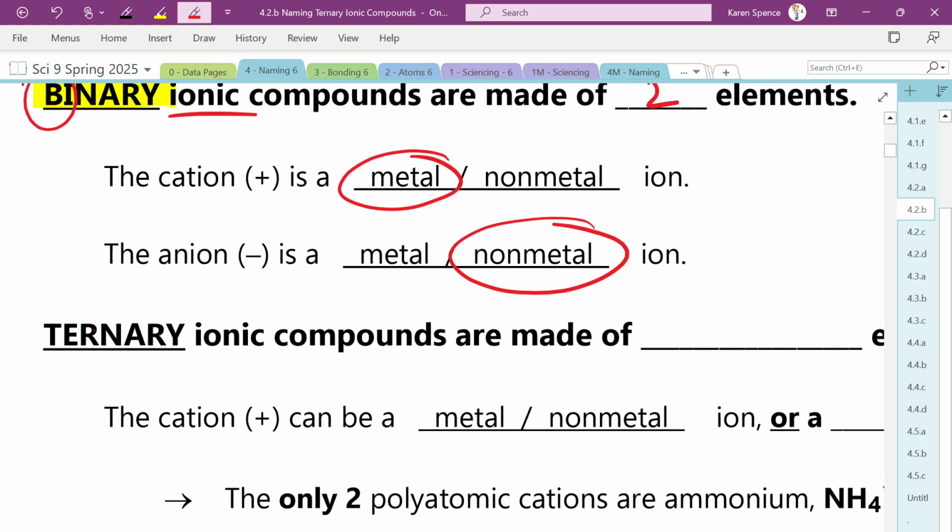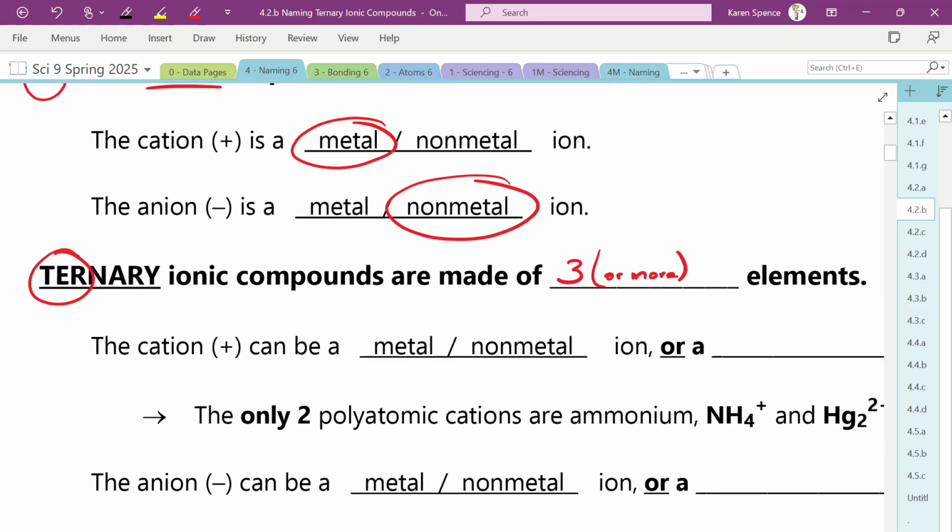Now, can you guess what ternary means? Ter means 3, and we're going to put or more because it could be or more. So a ternary ionic compound is made of 3 or more elements. I don't actually care if you know the word ternary. Doesn't matter very much to me, okay?